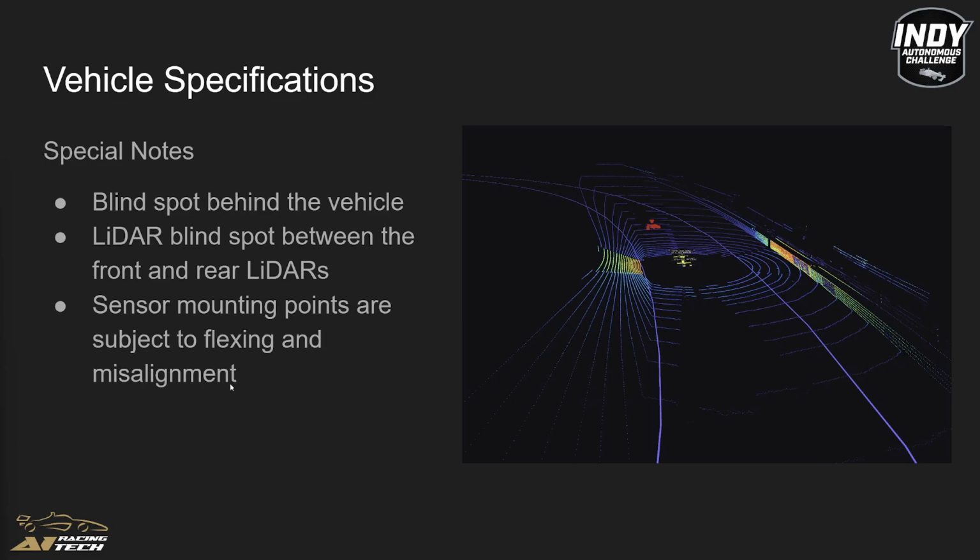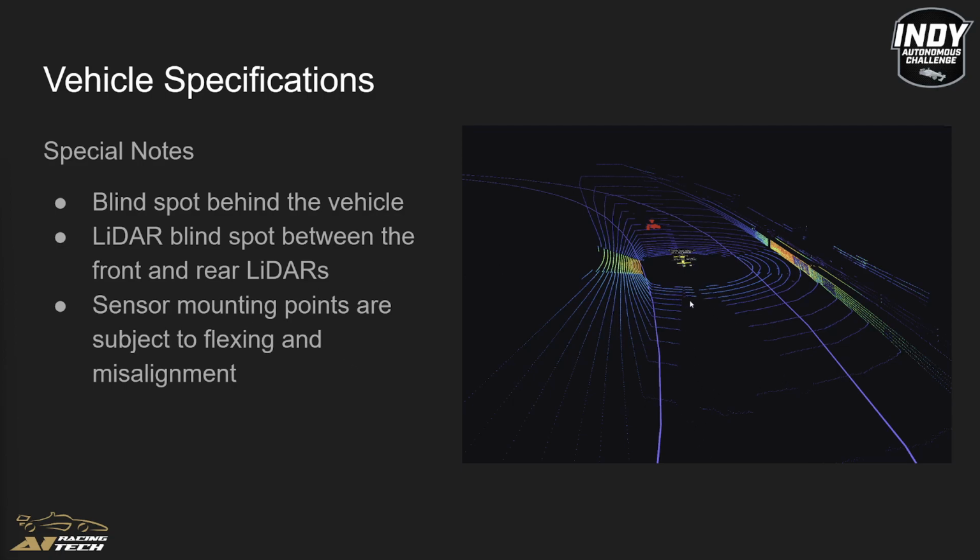So a couple special notes on the vehicle specifications. Number one, there's just this huge blind spot behind the vehicle, which we can visualize here on the screen. Immediately behind the vehicle, you can see this black area, which is not covered by any LiDARs and also not by any of the cameras.